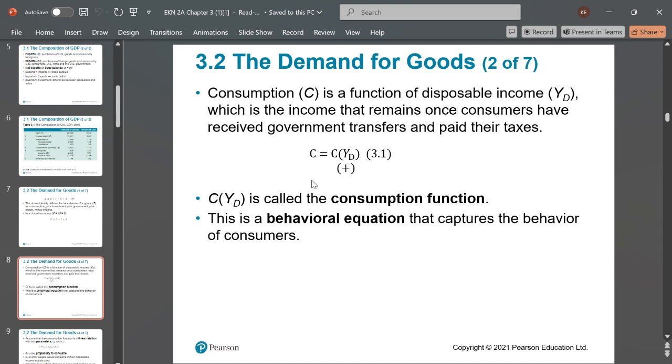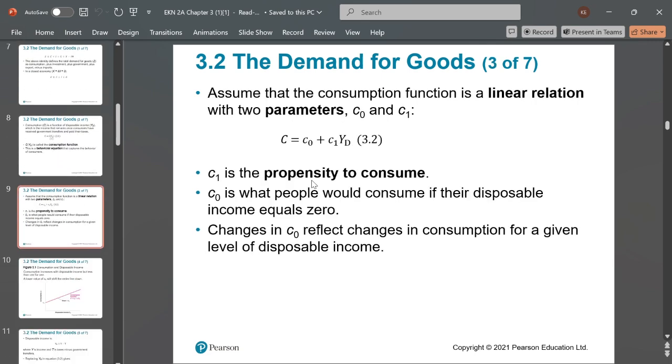What this means is that, looking at the general, ordinary consumer, if my income is more, I'm going to consume more than when my income was less. So that's basically it.